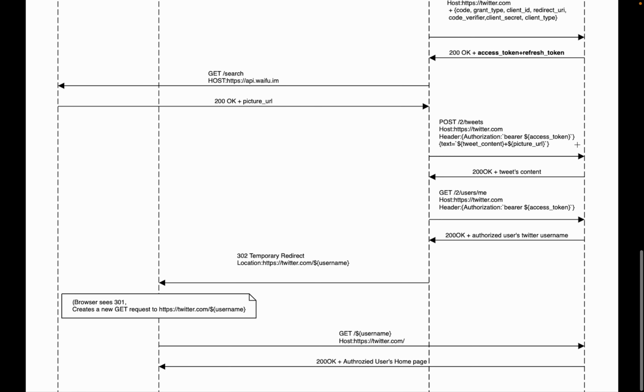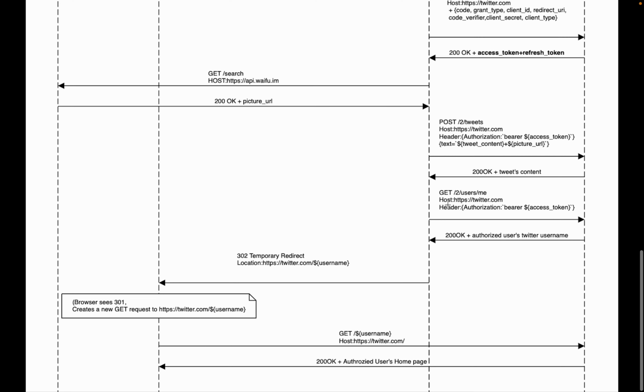As we post it to the Twitter API, the Twitter API sees the post request, and it's going to give back 200 OK plus the response JSON, which contains the tweet's content.